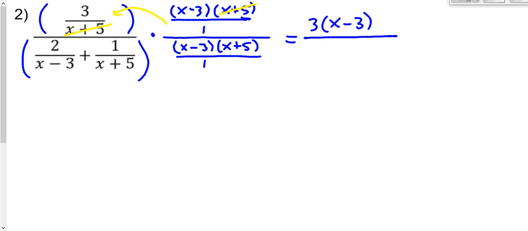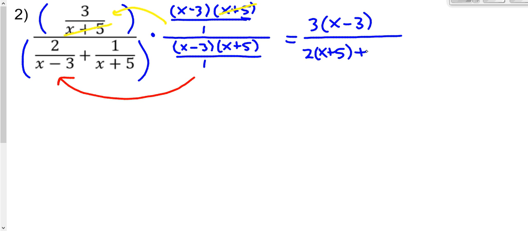Now let's work on the denominator. We're going to take this new thing we're multiplying by, x minus 3 times x plus 5. We're going to multiply it by the first fraction. The x minus 3's are going to cancel. We have one on the top, one on the bottom, but I'm not crossing it out for reasons I just explained. And what I have left would be the 2 and the x plus 5.